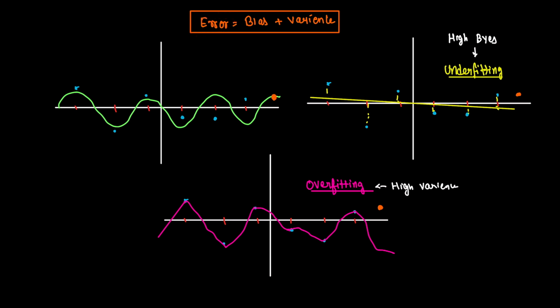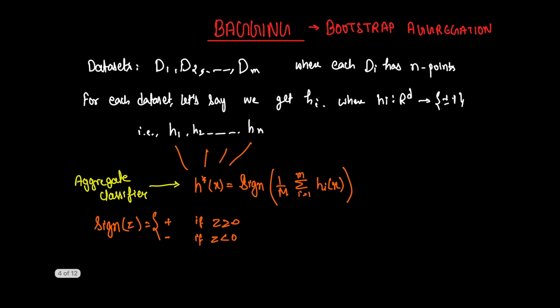We want to minimize the error, for which we have to balance bias and variance. We want neither underfitting, where bias goes up, nor overfitting, which means high variance. We want a balance so that our error can be minimal.